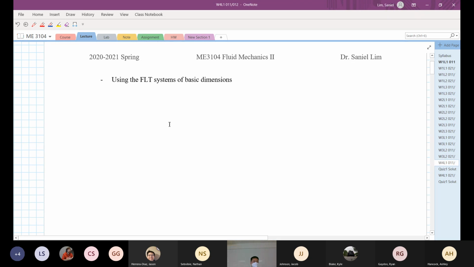Now let's pick this up. Last week, it's almost a week ago, so it's hard to pick it up, but let's try. So we chose the repeating variables.